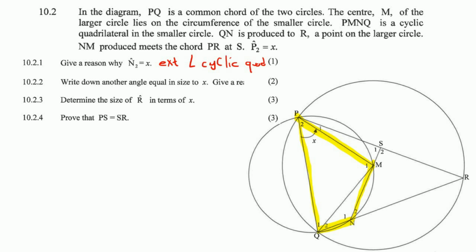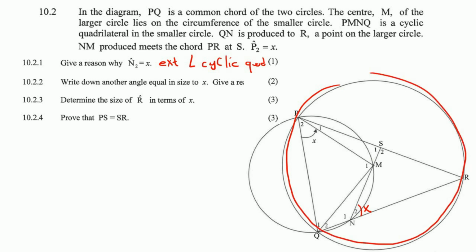Let's get rid of that now. We know that this one is x. If you look at the big circle, which is centered at M, this line and this line are radii. So MP is the same as MQ, because they are radii.